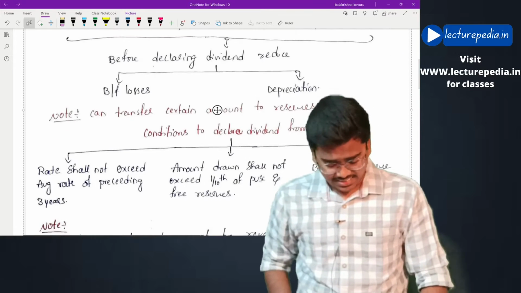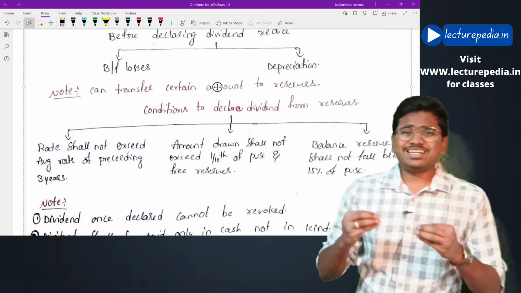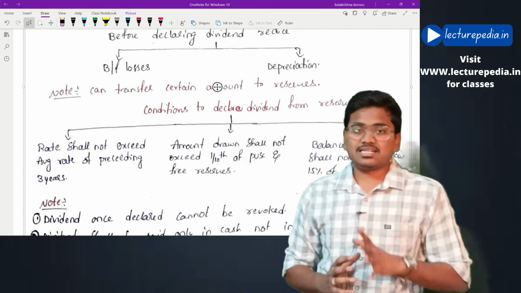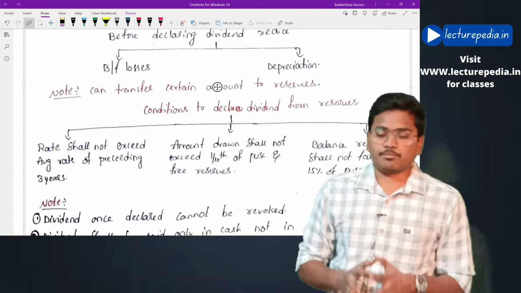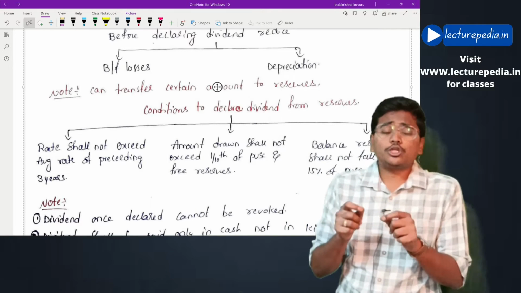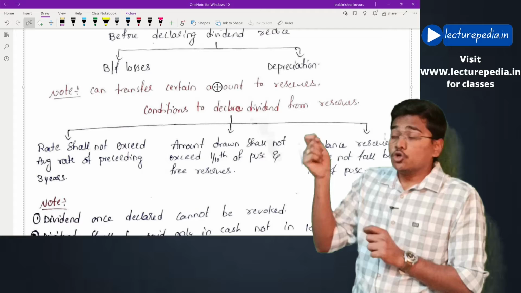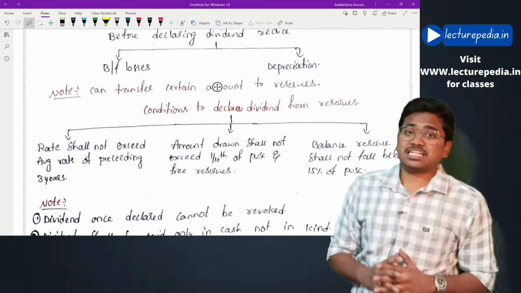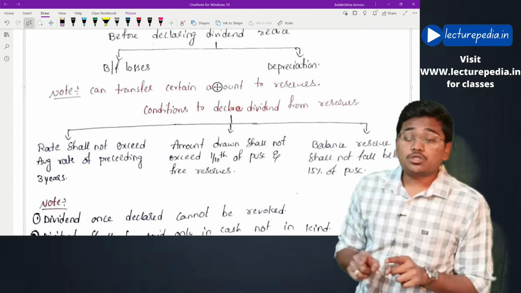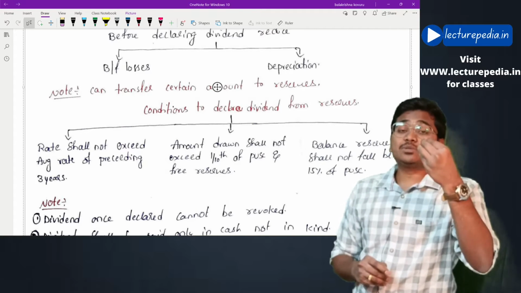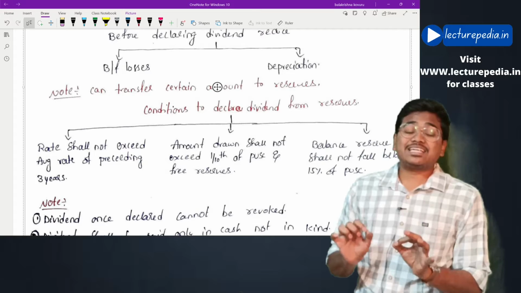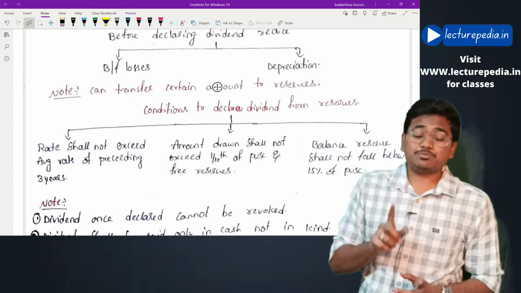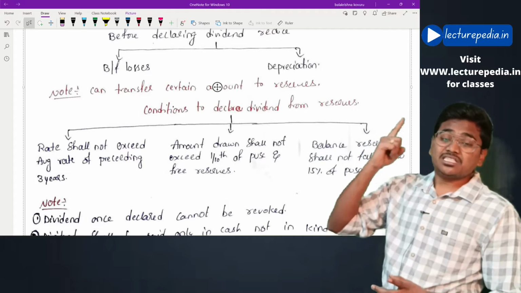And in case you are paying dividend from reserves and surplus balance, there are certain conditions that have to be satisfied. What are those conditions? First of all, you are utilizing reserves and surplus balance to pay the dividend. The first condition is that the maximum rate of dividend that can be offered is the average rate of dividend that has been declared in the preceding 3 financial years.